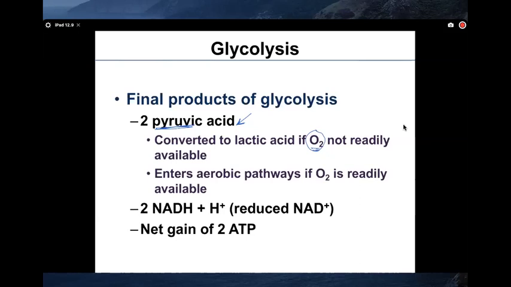If I don't have oxygen, the whole process is going to be stopped, and the pyruvate, as it accumulates in the cells, will be transformed into lactic acid instead of acetyl-CoA.